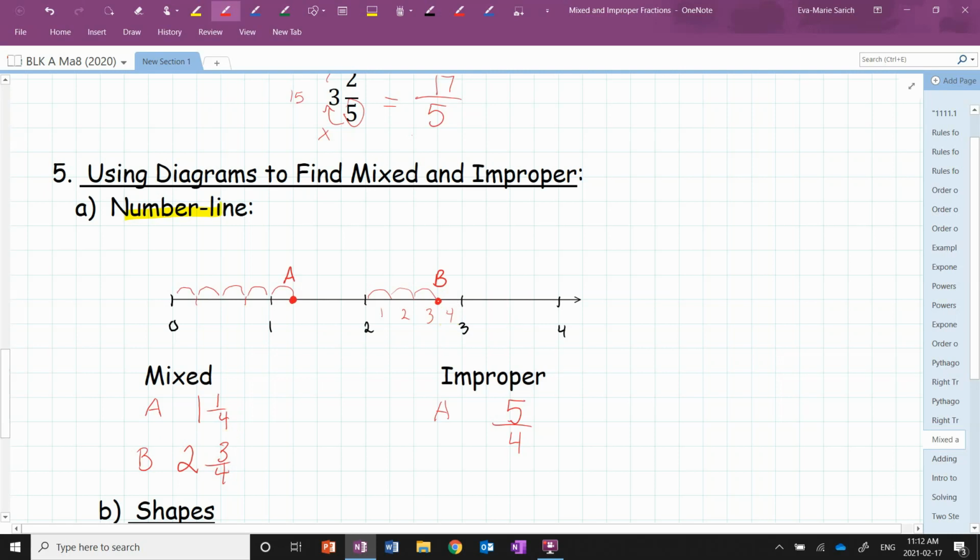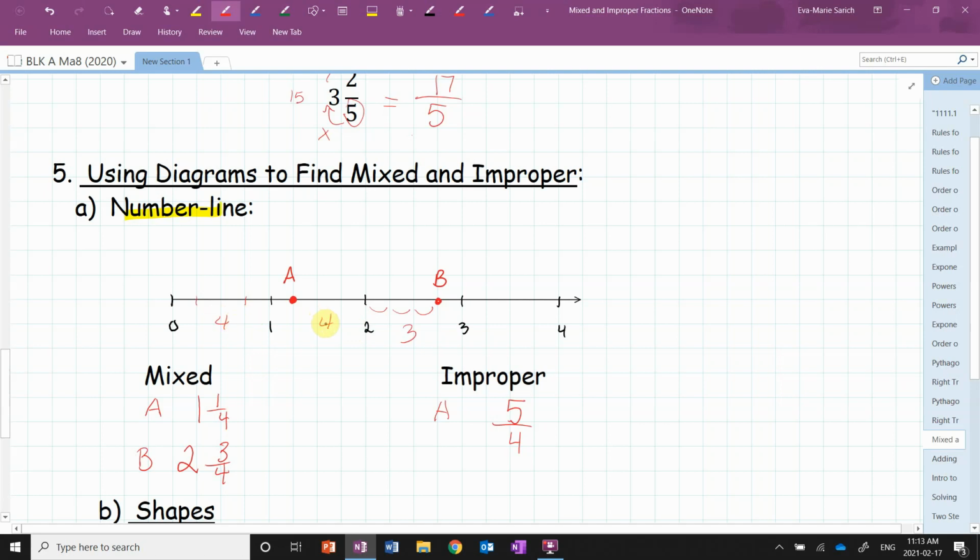Now, what would be our improper? Let's go back. I'll try and erase that without erasing the whole number line. How many spaces did we travel? Well, we traveled 4 here and 4 more there, and then we traveled 1, 2, 3.